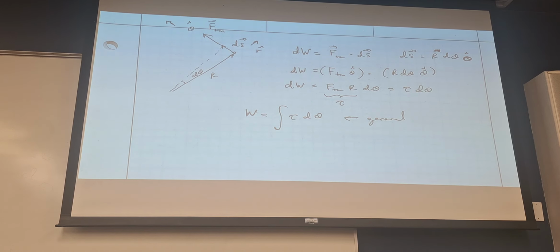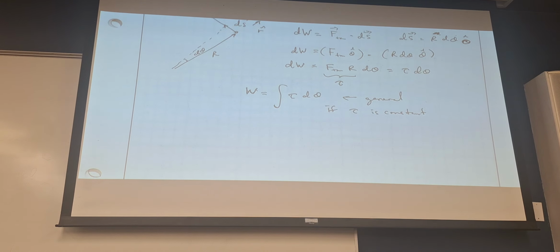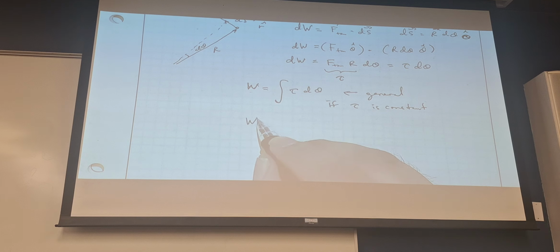General means it can be applied in any case. If tau is constant, if the torque is constant, this is called tau, by the way. Sometimes I'll just say tau. If tau is constant, then we can pull it out, and then this becomes tau times delta theta. Very, very nice. Very convenient expression.